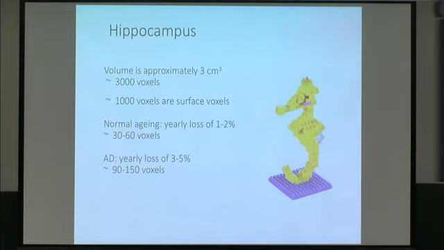Of course, if it's totally random, then you can average over the full surface and you will still have a signal. But we do need this very high precision in order to tell the difference between normal aging and Alzheimer's. So that's the motivation of the talk.